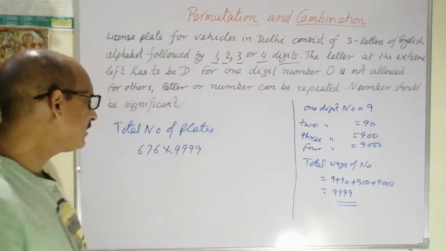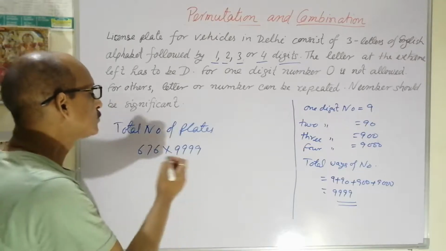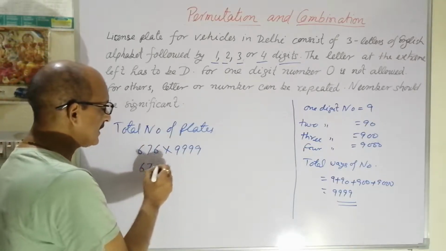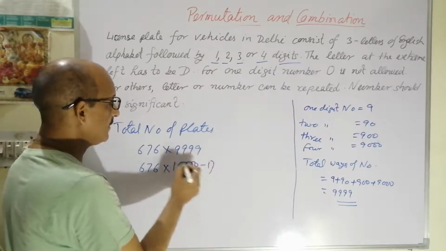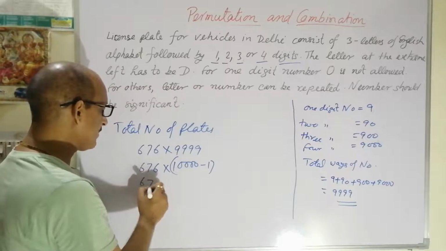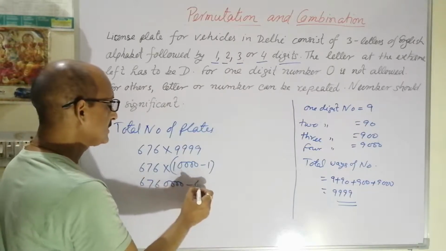You can multiply it, or if you want to use a little bit of brain to make the question easier, apply the distributive law: 676 multiplied by 10,000 minus 1. So it will become 676 and then 4 zeros, minus 676.